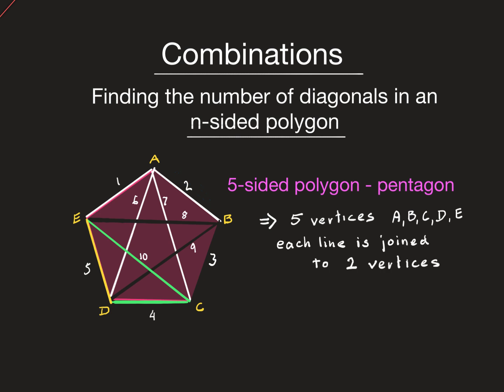We can write it as combinations, denoted by the letter C, with a 5 on top and 2 below, which we read as 5 choose 2. It can also be represented as 5, letter C, and 2.